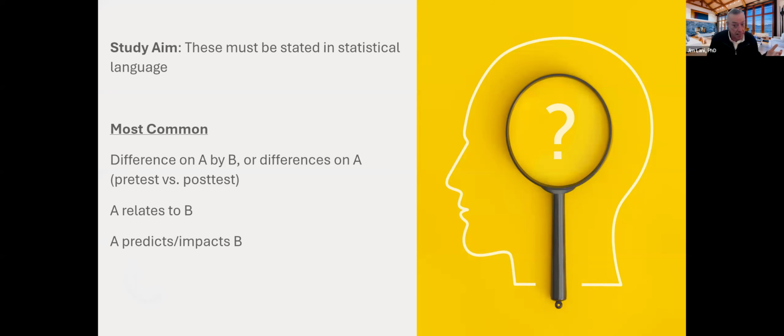By the way, let me just make the plug that we do have a decision tree. Melissa, correct me, we do have a decision tree, a PowerPoint for folks to help them decide what test, correct? Yeah, we do have that available.